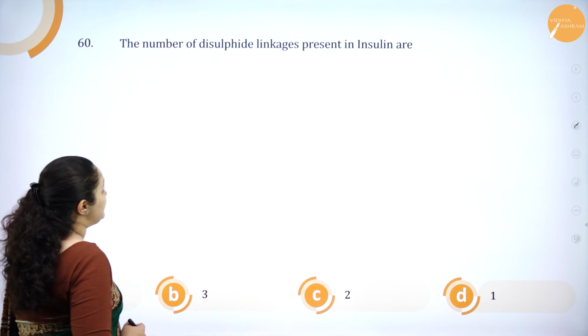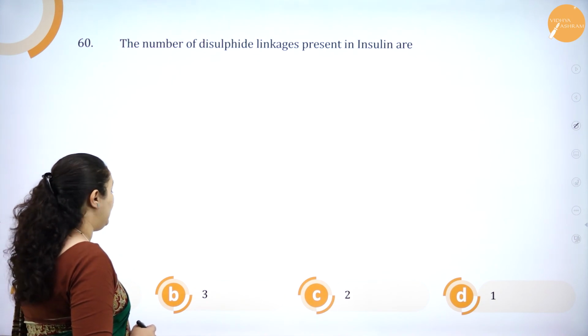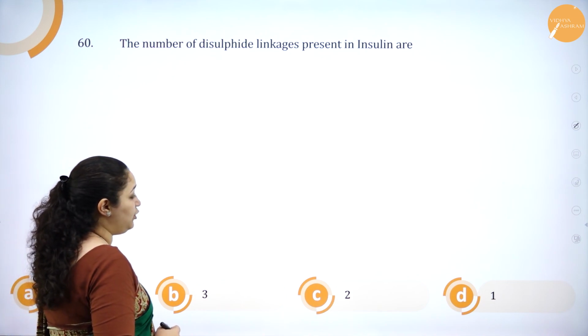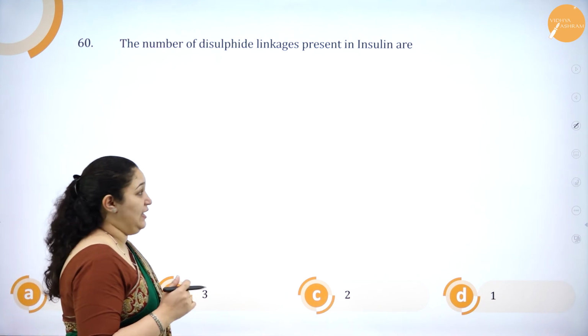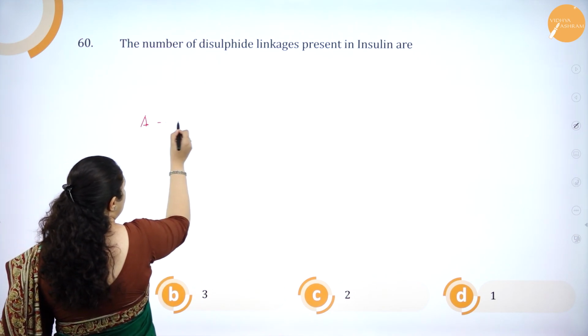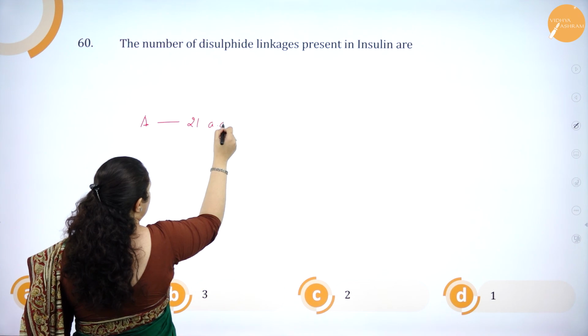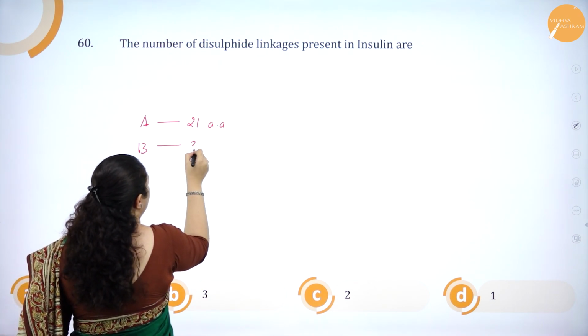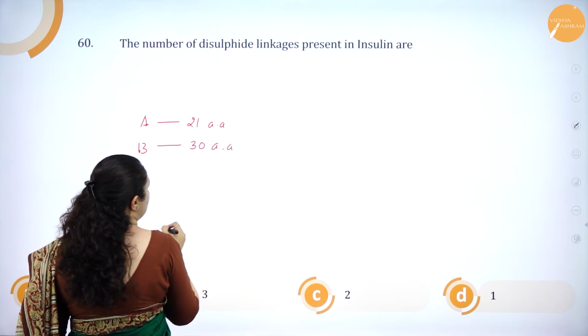The number of disulfide linkages present in insulin are option A 4, option B 3, option C 2, option D 1. Insulin is made up of 2 chains. A chain, that is the first chain, has 21 amino acids and B chain has 30 amino acids.